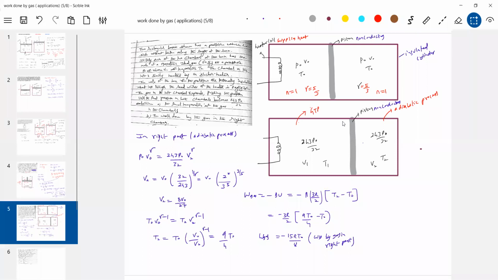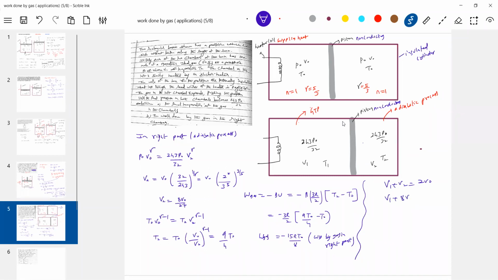In the left part, we don't know V1. Can we calculate V1? Because we know V2. Can we calculate V1? Anybody? Look at the diagram. Shall I write V1 plus V2 equal to 2V naught?